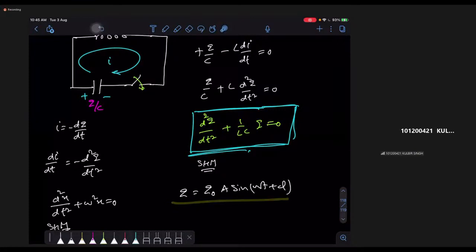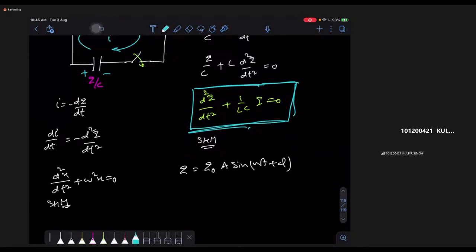Where my Q naught is the maximum charge, which you can call the amplitude. And this factor omega is the frequency.